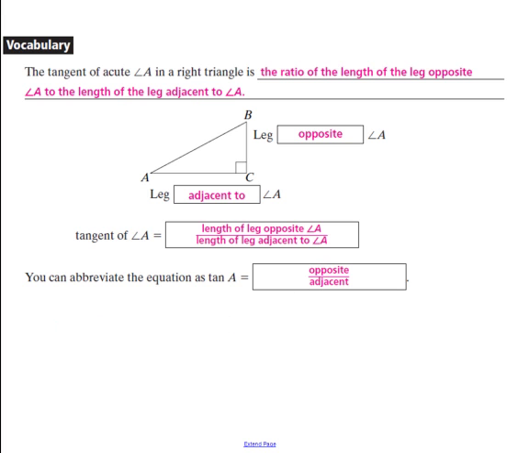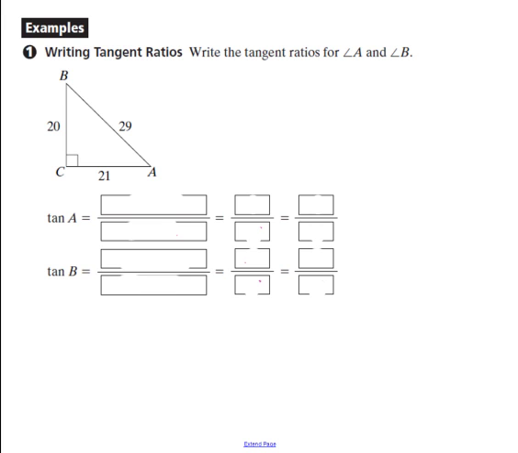So let's put this to use. If we look at our example, they want us to write the tangent ratios. So they want us to write it for A and for B. And that's something to keep in mind, is that if we have a right triangle, angle A has a tangent, which is represented by the opposite side over the adjacent side, and angle B has a different tangent represented by the opposite side over the adjacent side. A has its own tangent and B has its own tangent based on the fact that they're on opposite sides of the triangle.